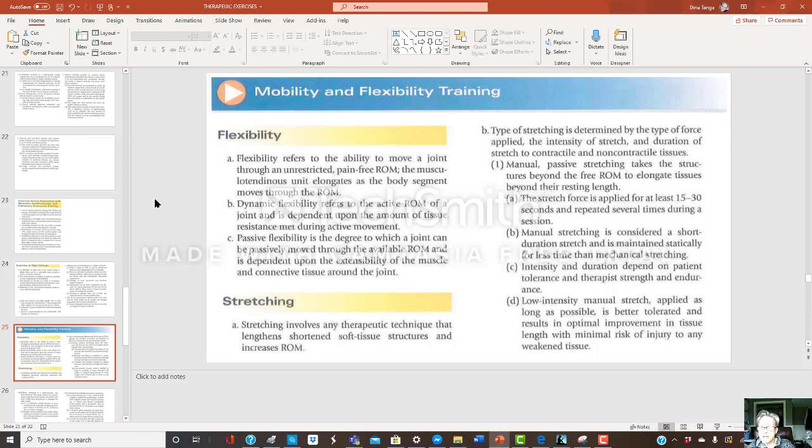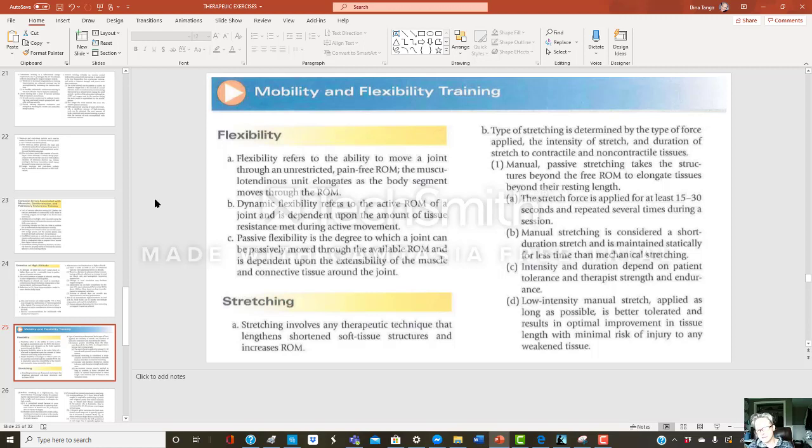Manual passive stretching takes the structures beyond the free range of motion to elongate tissues beyond their resting length. The stretch force is applied for at least 15 to 30 seconds and repeated several times during a session. Manual stretching is considered a short duration stretch and is maintained statically for less time than mechanical stretching.